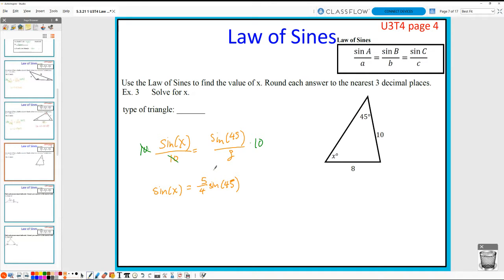What I can do here, in case you don't remember, because right now I'm looking for an angle, right? So whatever trig function I have, sine, cosine, tangent, I'm going to use sine. I have sine of some angle is equal to some ratio, or we can think about this as just some number. What I need to do is to set this up so I have inverse sine in order to take the ratio to get back my angle measurement.